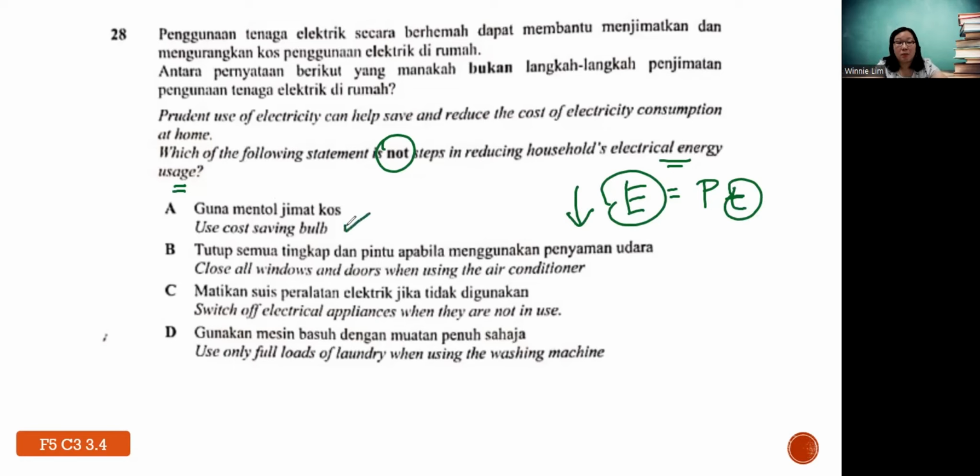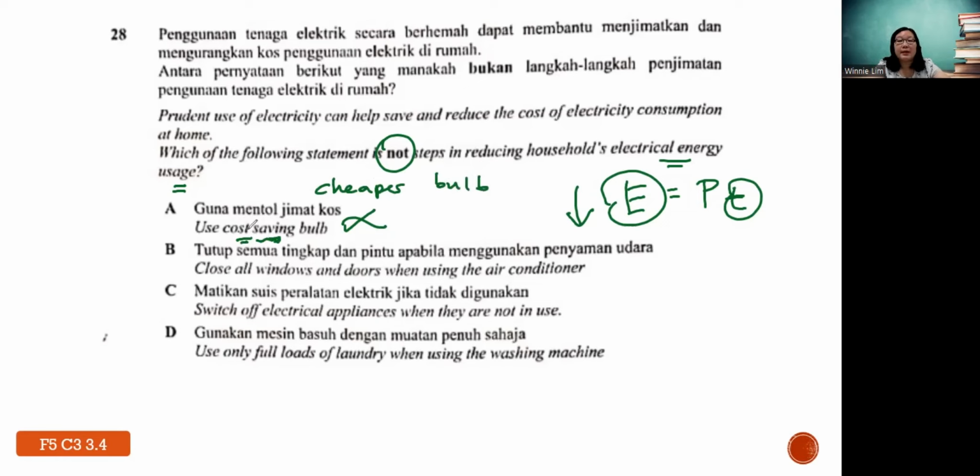Use cost saving bulb. Okay, correct, right? Sorry, this one cannot. Cost saving here means you buy a cheaper bulb, and a cheaper bulb is not that efficient.